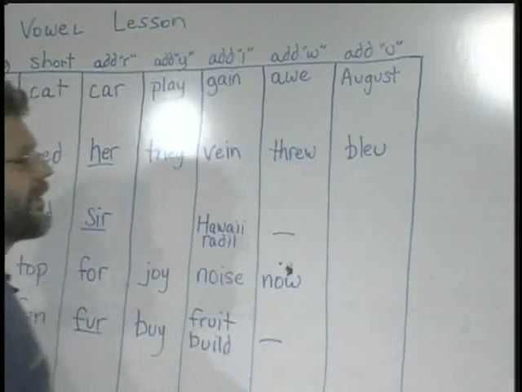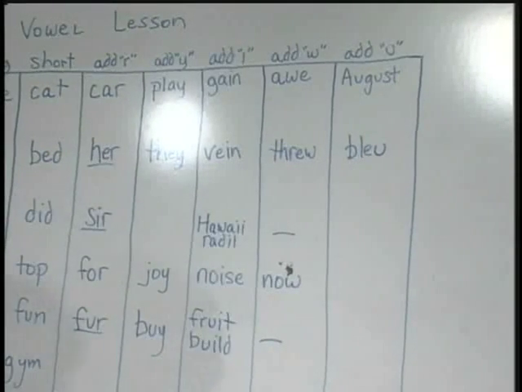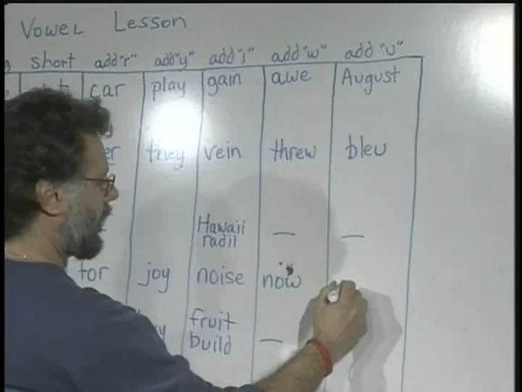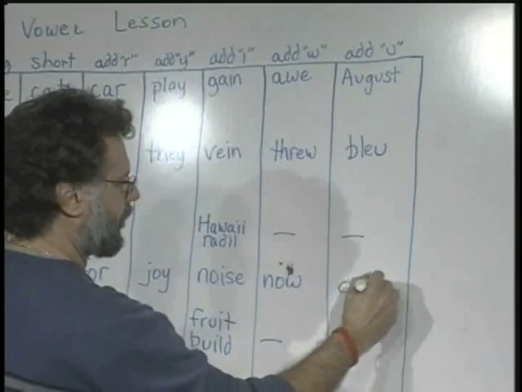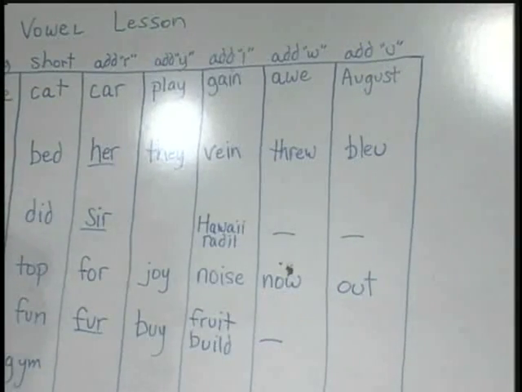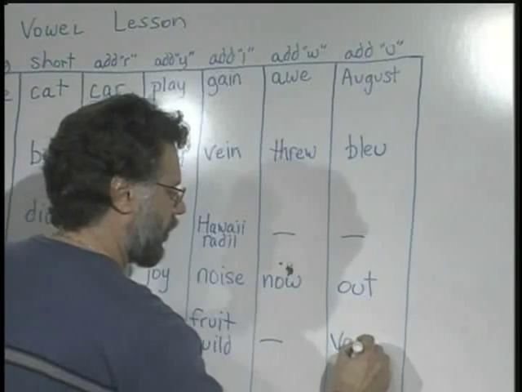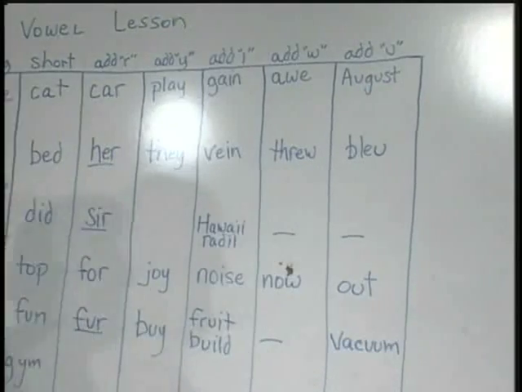So if you ever see EU, that's French. It's not English. All right? And again, we don't add a U after an I, so we go straight to out. O-U-T, out. All right? And we do add U's after U's in the one word vacuum. But there's nothing to throw you off there.